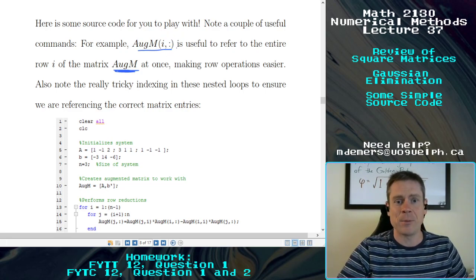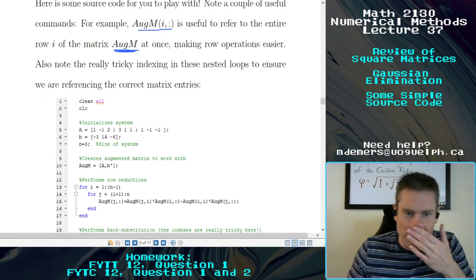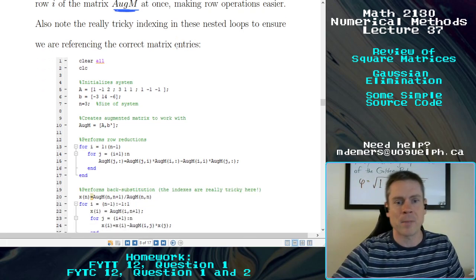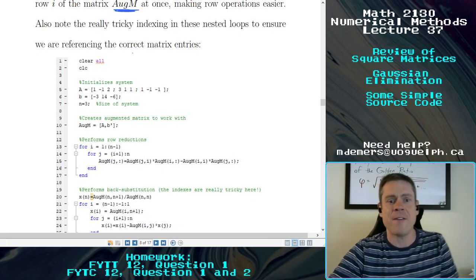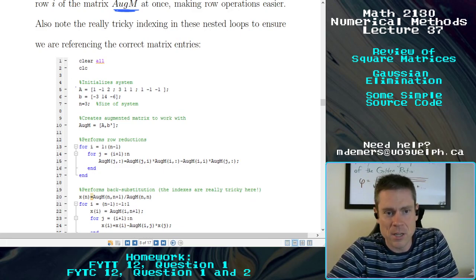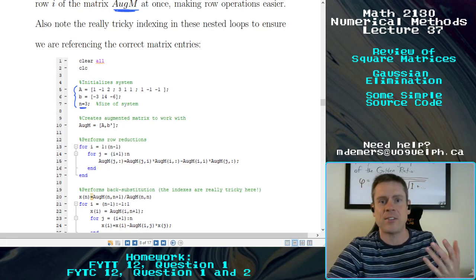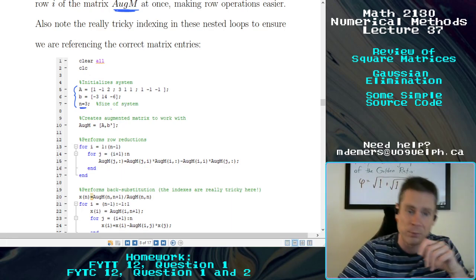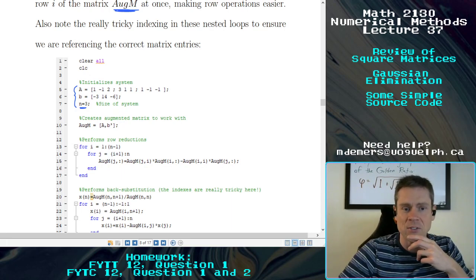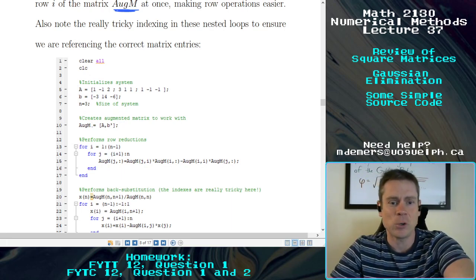So that is going to be really important. There's a couple of other things that I have here. I have an initialization of the system. So we have an A and a B, and the N just tells me the size of the system so that I know how big my loops have to be. So this is fine. Okay, this is a cool command.